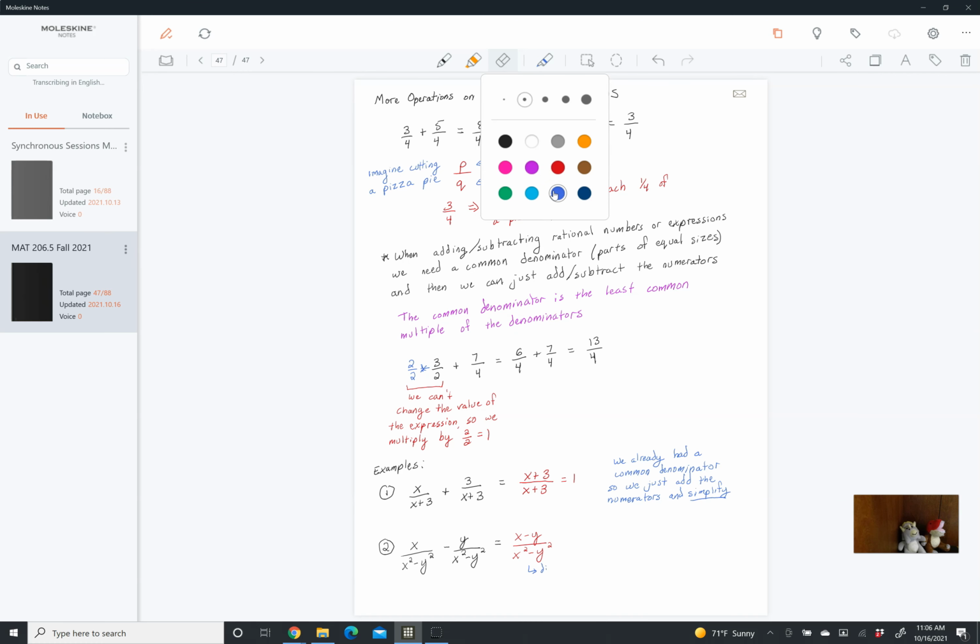So you should always be looking out for this. When we talked about simplification of rational expressions, we said you should always look for a difference of squares. Okay, and x squared minus y squared is just x plus y times x minus y. And we know that the x minus y cancels.